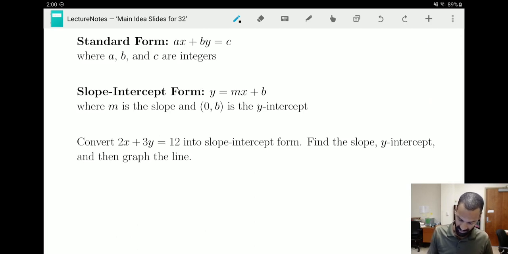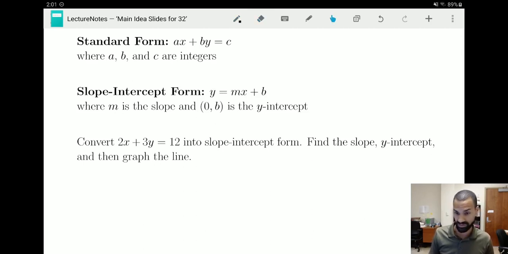Slope-intercept form is y equals mx plus b, where m is the slope, and (0, b) is the y-intercept. That's extremely useful for the next few types of questions.